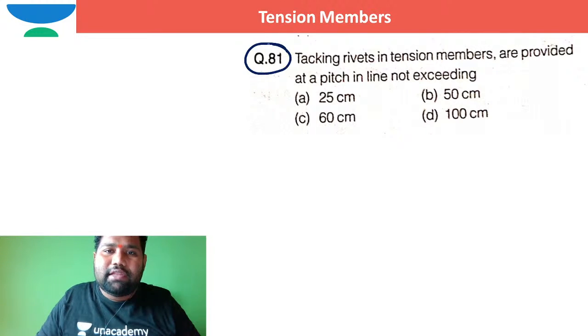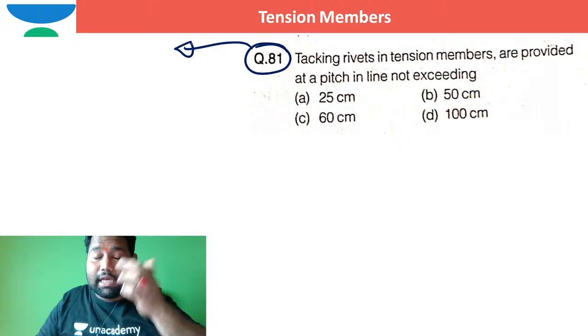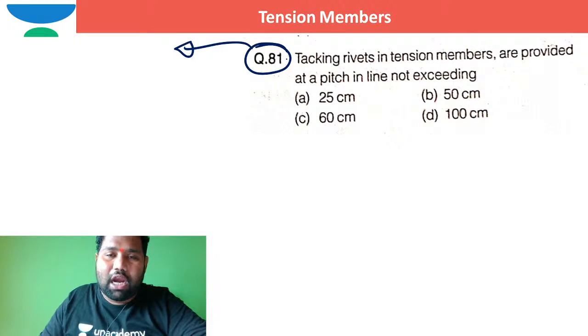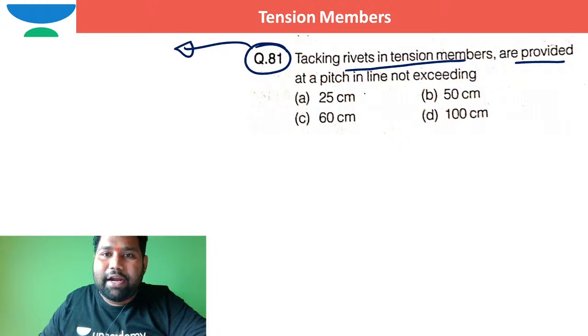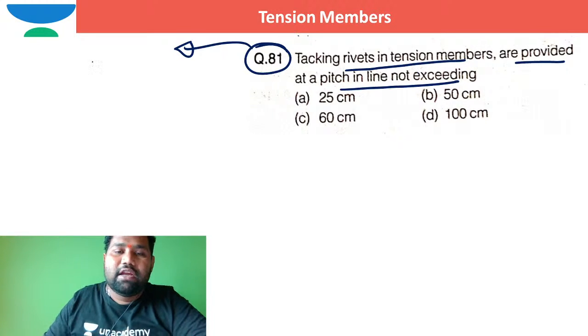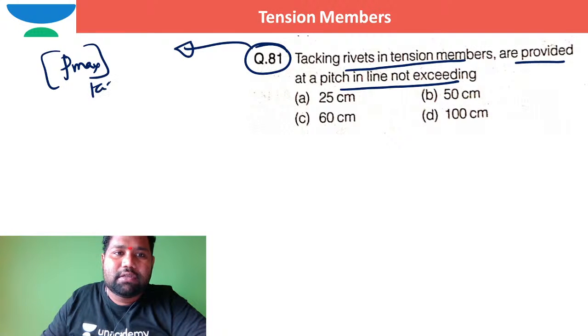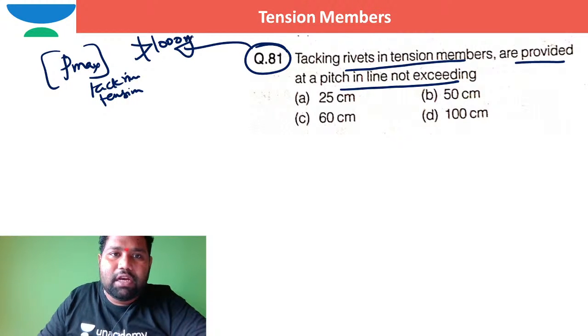This question clause was already mentioned in your last class. The tacking rivets in tension members are provided in a line at a pitch not exceeding what? The maximum pitch of tack rivets for tension members should not be more than 1000 millimeter.